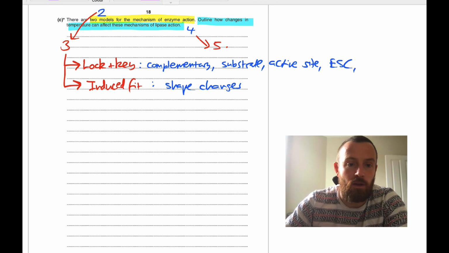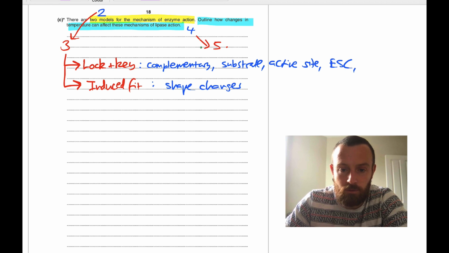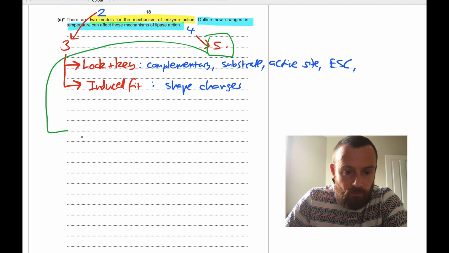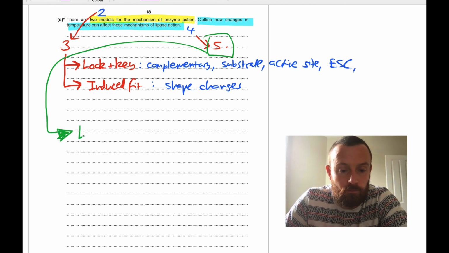Now we're going to do this bit over here. How am I going to do this? I'm going to take this over here, okay? So there's loads of things we can say. First of all, low temperatures. Let's start with talking about low temperatures, okay?